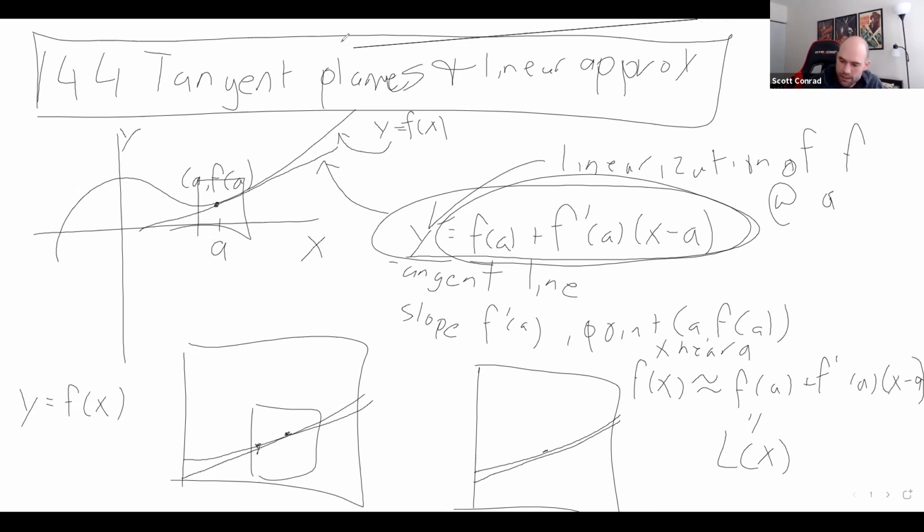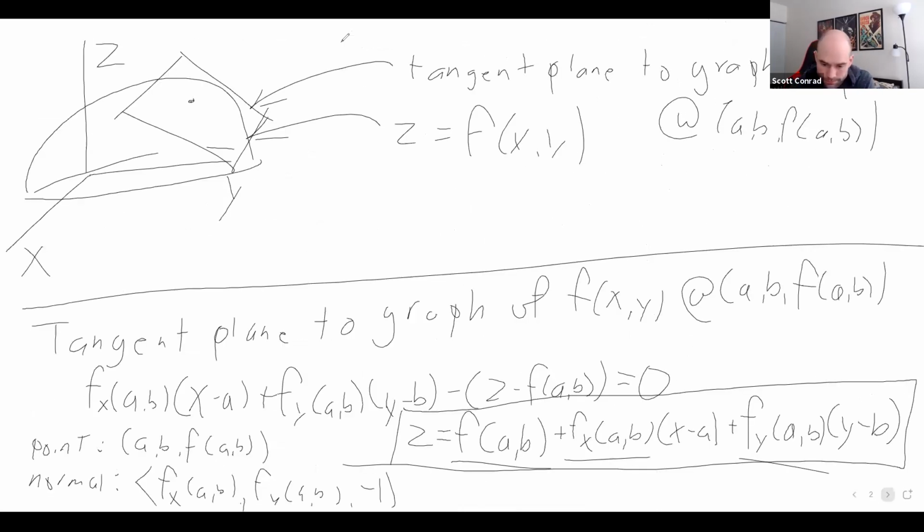And so the same thing is going to be true for the tangent plane and the graph of the function. So if we look in the plane, we're plugging points in the plane into our function. So there's AB.